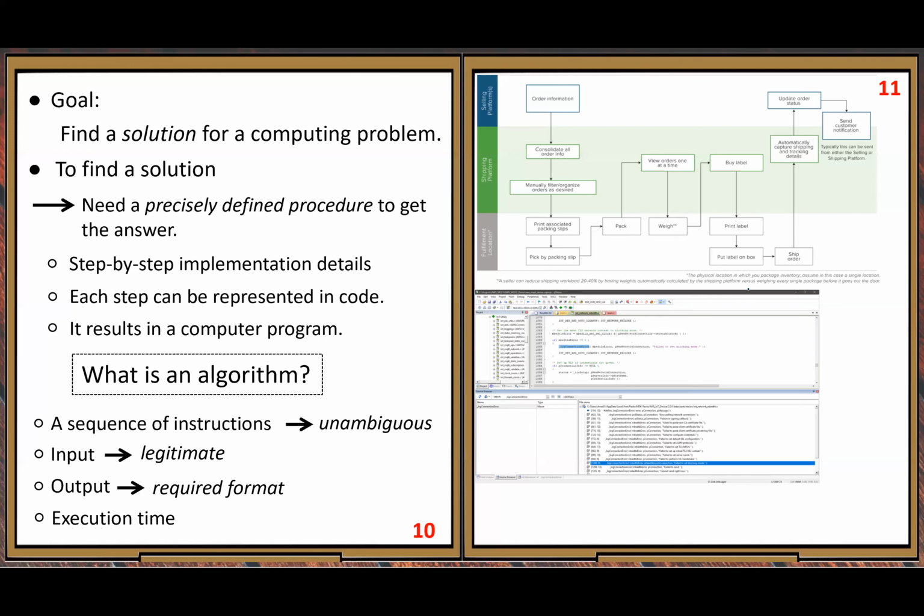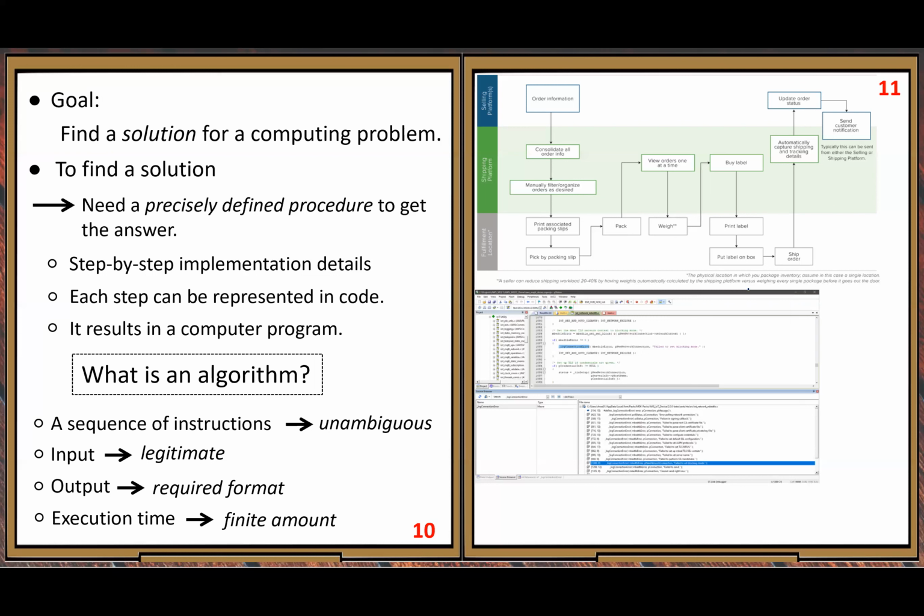Then execution time. Now, it's important. When you deliver your solution to your customers, execution time is extremely important, because your customers care about this item, big time. Although it is a finite amount, that's not enough.